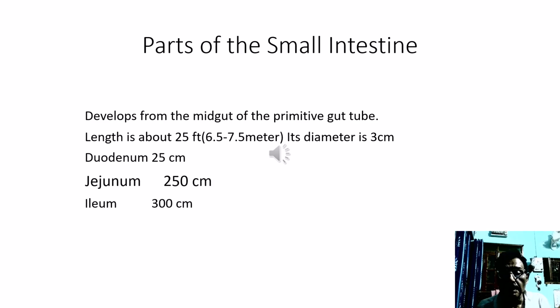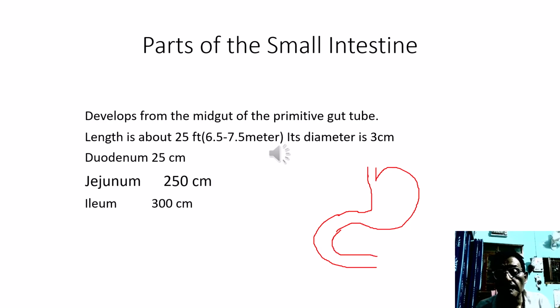The duodenum is a C-shaped structure. Here is the esophagus, and here it is the stomach.